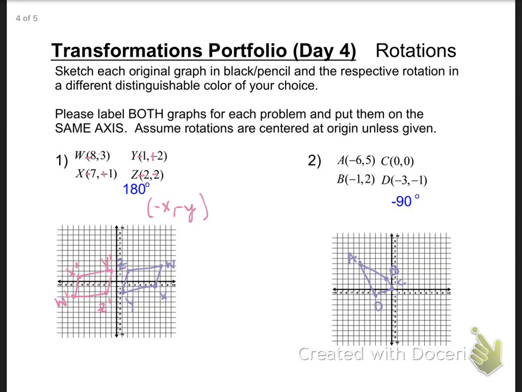Okay, -90 it is y comma negative x. So I'm going through the negatives attached to all my x values. So I'm flipping all of my x values, and then I'm going to go through and rewrite them. So now it's 5 positive 6, 0 0, 2 positive 1, negative 1 positive 3.